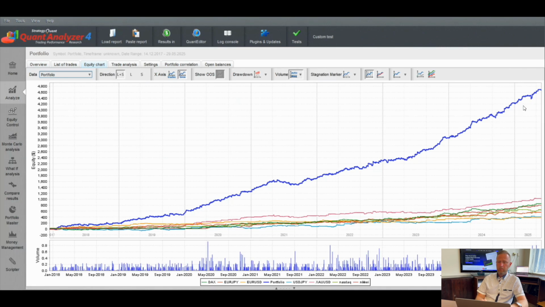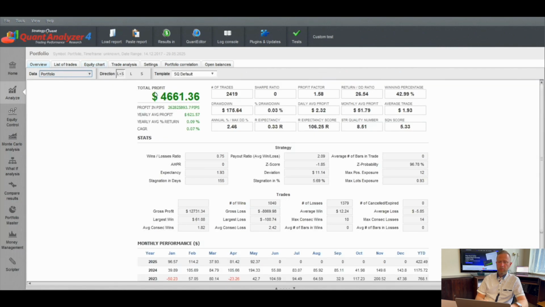This is what the equity curve of the portfolio looks like, with the observation that when I look at the exposure here, it is about $175, and the exposure in live trading could be even slightly larger due to the shift in probabilities.